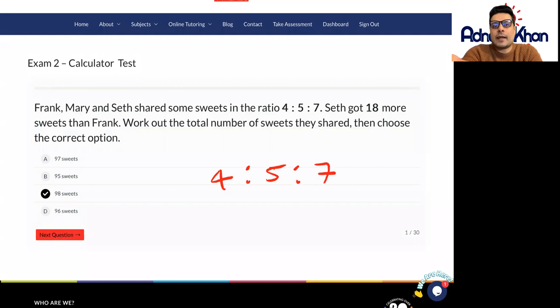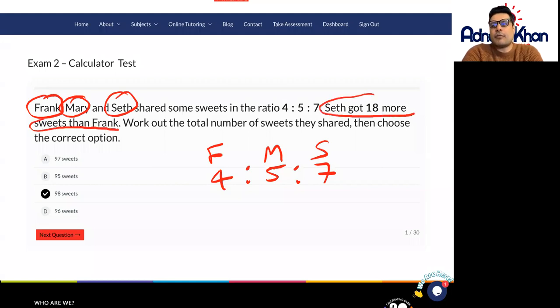Now, because Frank comes first in our statement, let's label that as F because that's Frank. Mary comes second, so the second number will refer to Mary, and Seth comes third, and the third number will belong to Seth. Now it says here, Seth got 18 more sweets than Frank.